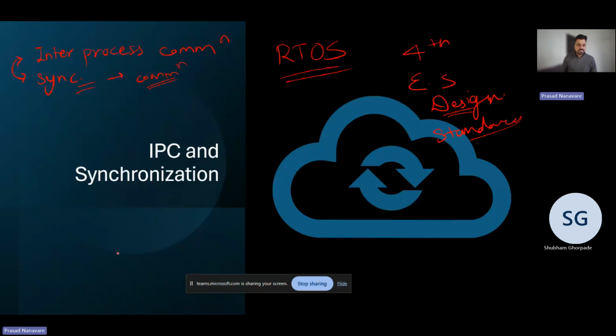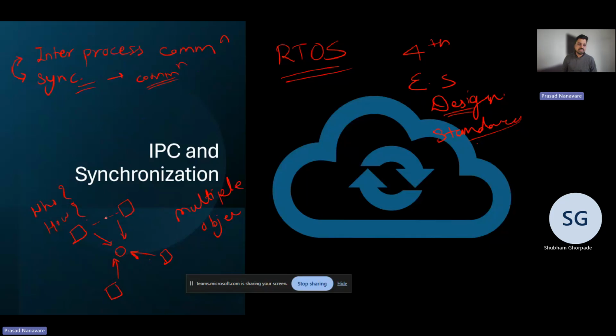suppose there is a resource that is needed by multiple processes or multiple objects at the same time, then who gets to access it first, and how, is nothing but synchronization.